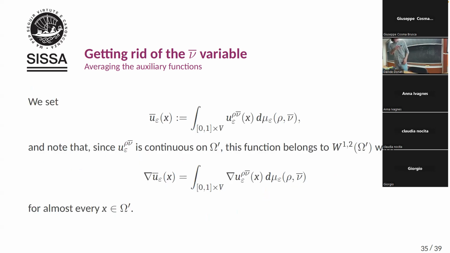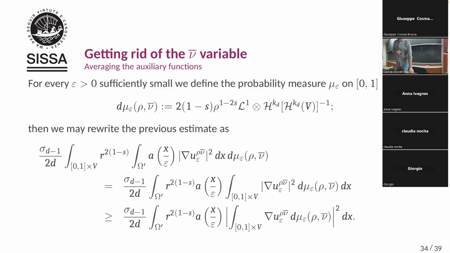Because now if we define U epsilon bar, the final auxiliary function, as the average of this U rho nu bar epsilon with respect to the measure mu epsilon, then it turns out basically by the dominated convergence theorem that these are continuous, that they belong to W12, and in addition that if you take the gradient of this function, this is exactly basically what we had inside here.